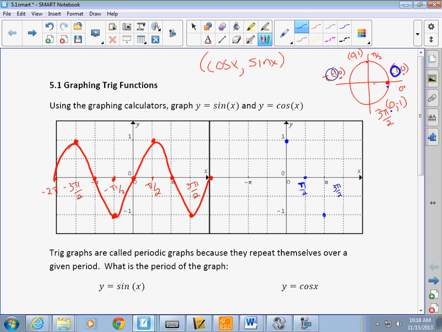And with unit circle values, remember your xy coordinates: x corresponds with what your cos value will be, and y corresponds with what your sine value will be. So we're looking at our x values.